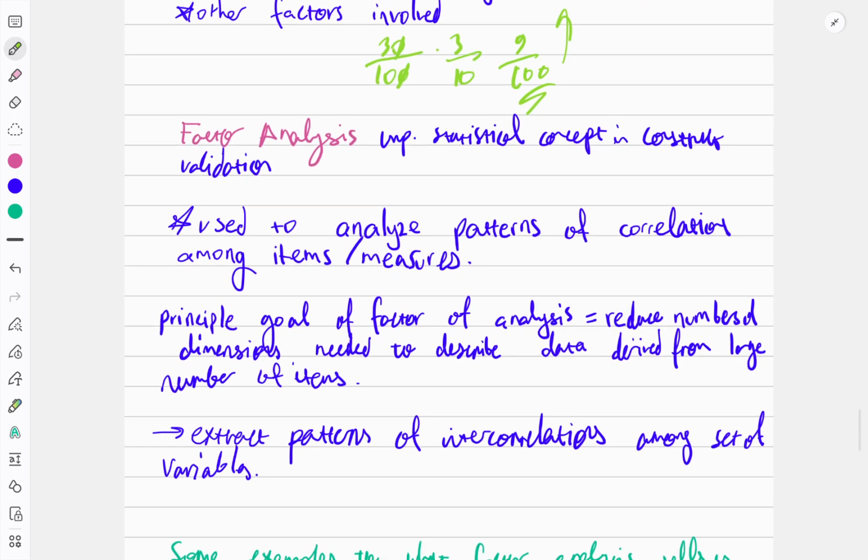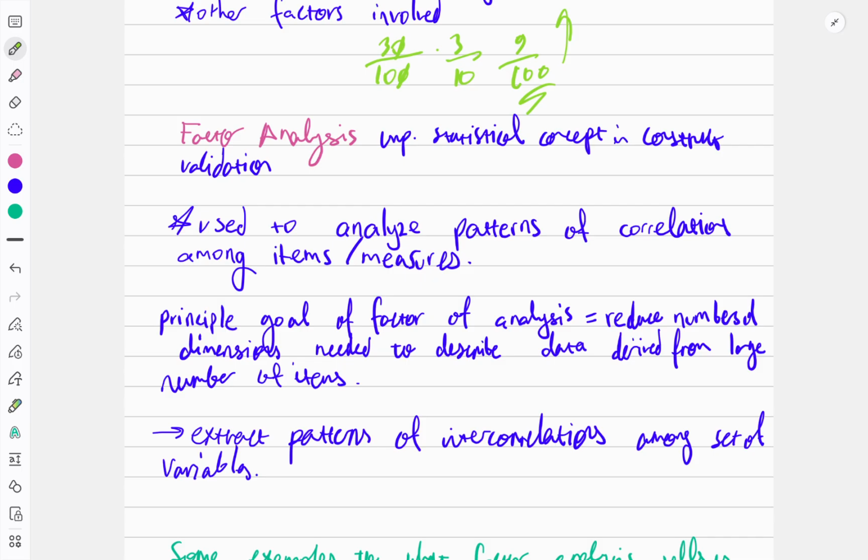And we can use factor analysis as well. Factor analysis is an important statistical concept in construct validation, and it is used to analyze patterns of correlation amongst items and measures. Its principal goal is to reduce the number of dimensions needed to describe data derived from a large number of items.